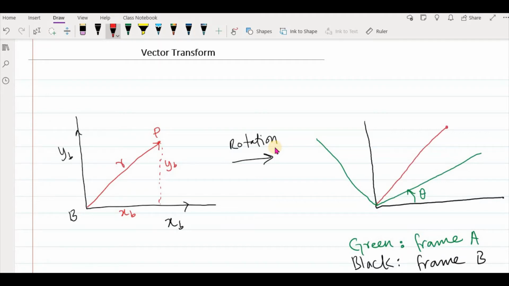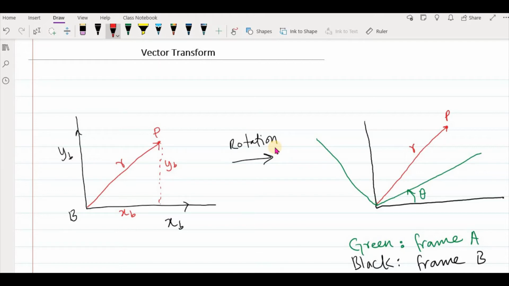Now we have to find the position in the rotated frame, the new frame. So how can we find the position of this vector in the new frame, which is frame A?